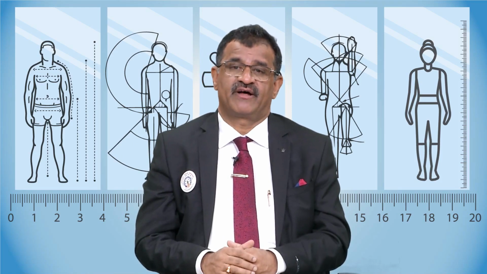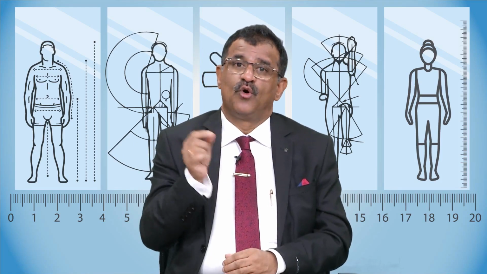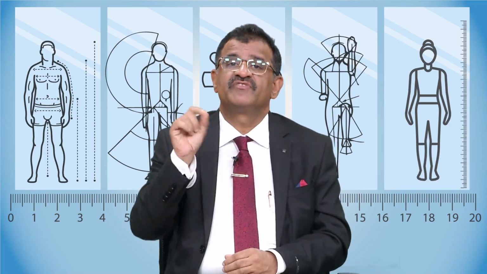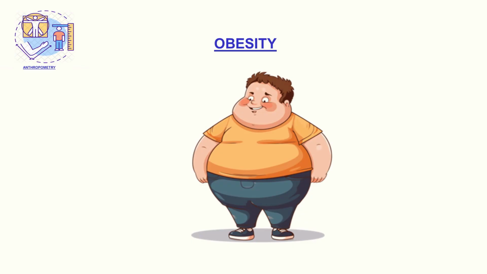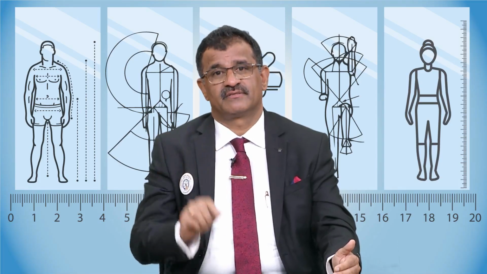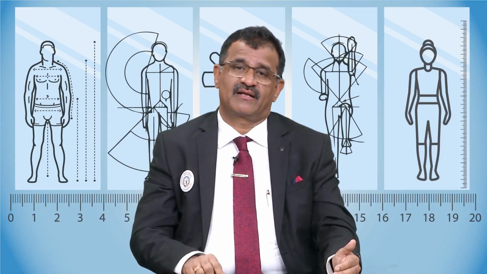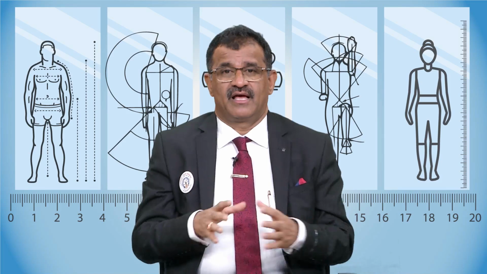Too much body fat is dangerous. In overweight, obesity is a severe form. Here is a picture of a big boy, look at him, he has become totally round, and this is obesity. We call such people obese persons, and they are found in all ages.